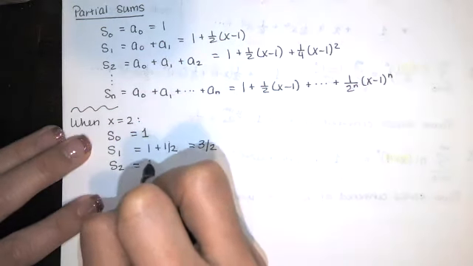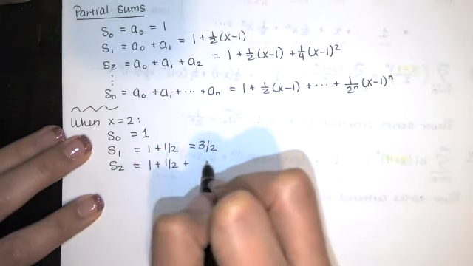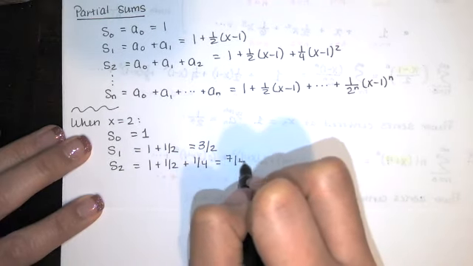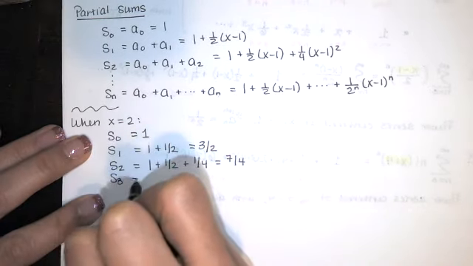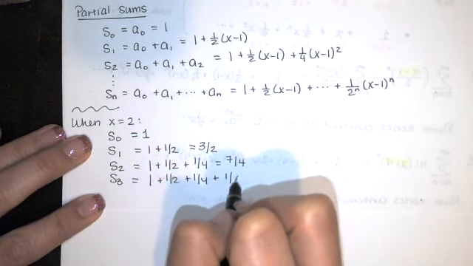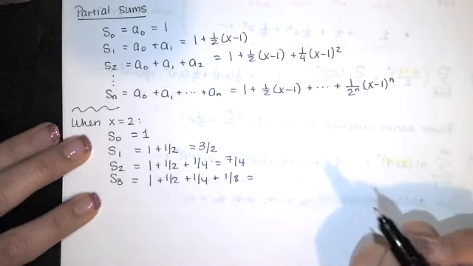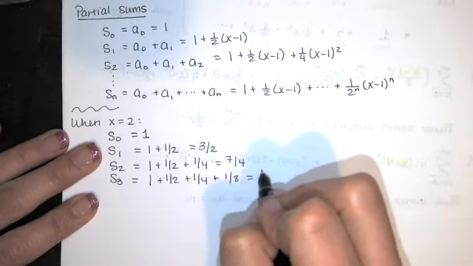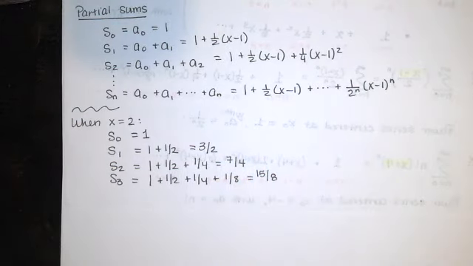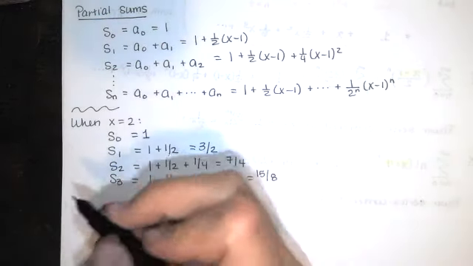S sub 2 is 1 plus 1/2 plus 1/4. So that's going to be 7/4. S sub 3 is 1 plus 1/2 plus 1/4 plus 1/8. If you actually do that arithmetic, you're going to get 15/8. And so on.